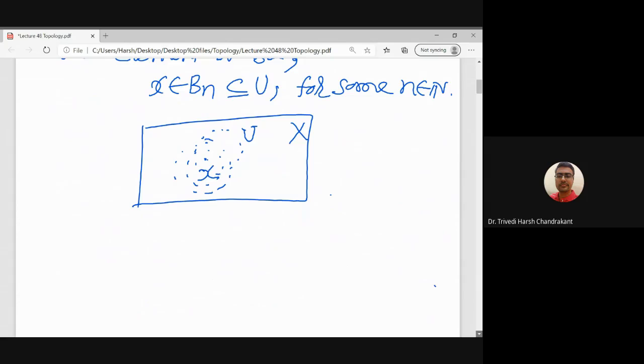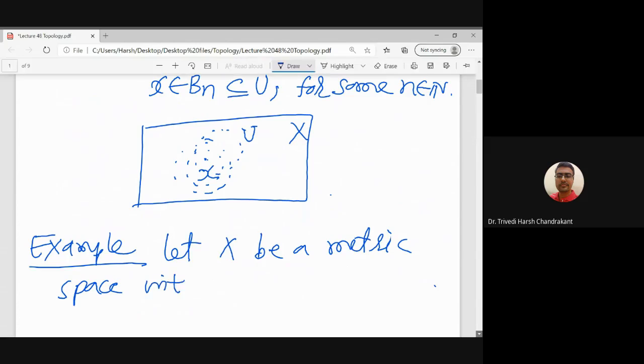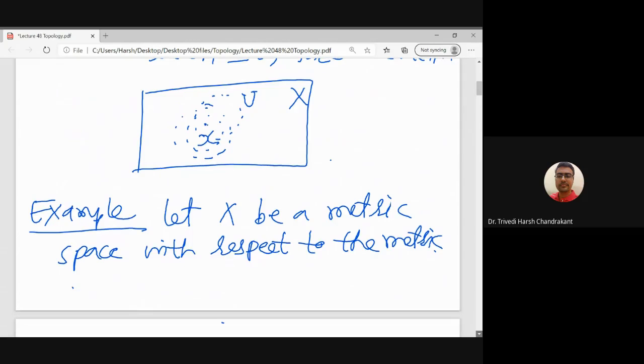So let us see one simple example. Consider a metric space. Let X be a metric space with respect to the metric d.